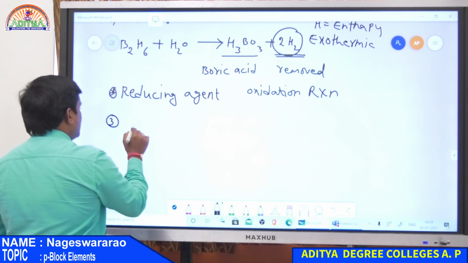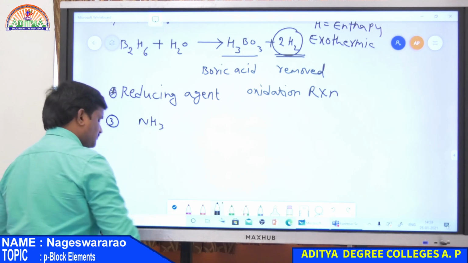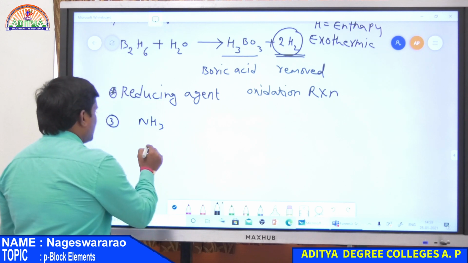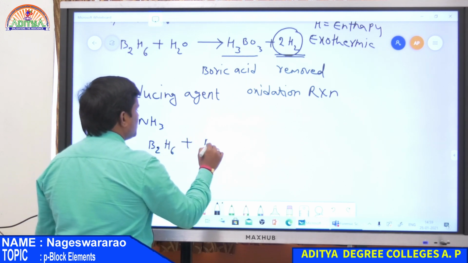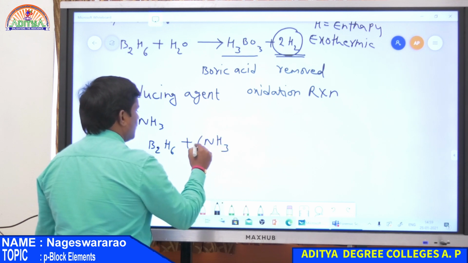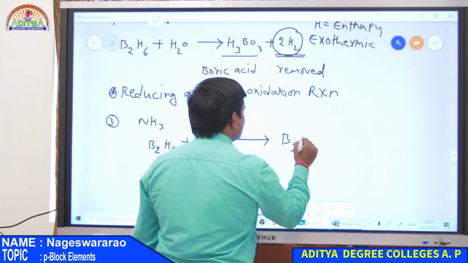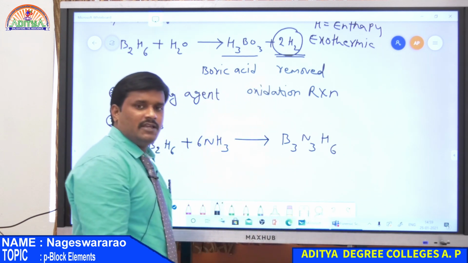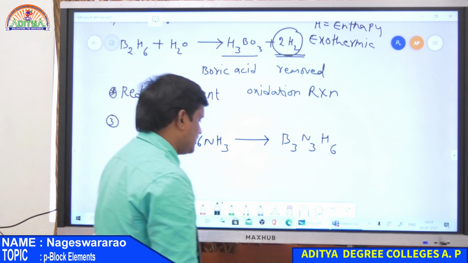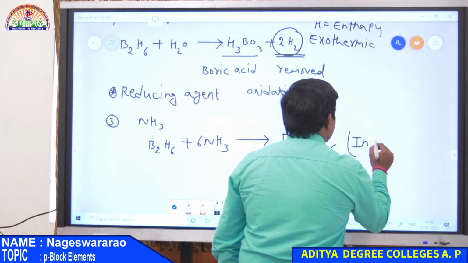The third one is reaction with ammonia, NH3. So whenever diborane is reacted with NH3, it gives a compound known as B3N3H6. B3N3H6. This is known as inorganic benzene.